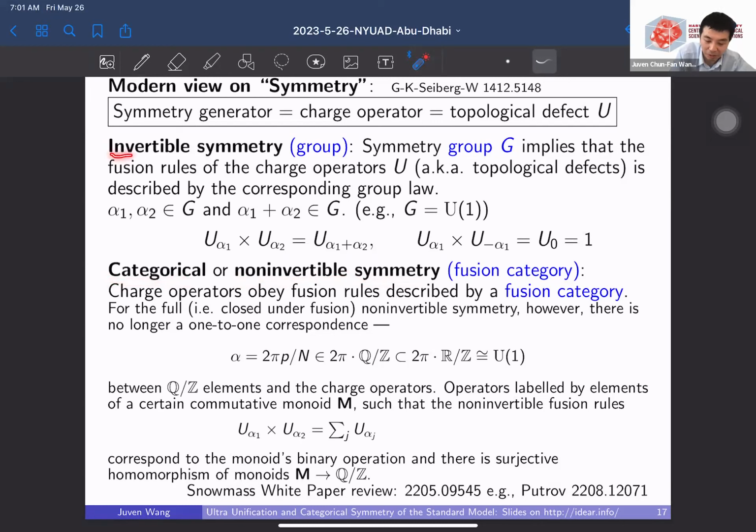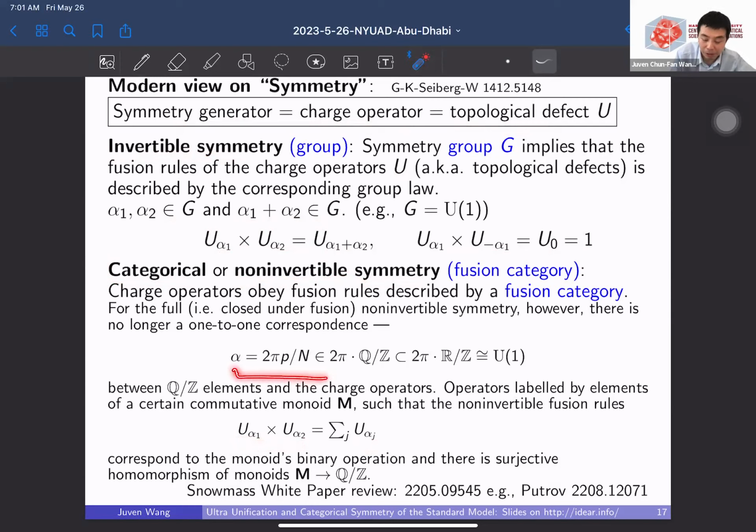In contrast to invertible symmetry, which identifies the charge operator or some symmetry generator as topological defects satisfying some group-like fusion rule, with an identification between a group and a charge operator, categorical symmetry says that the fusion rule of this charge operator does not obey the group law.